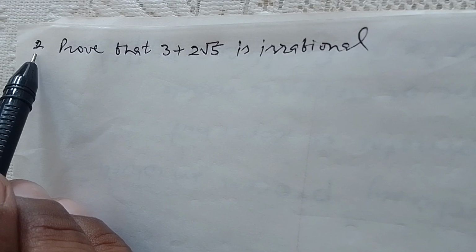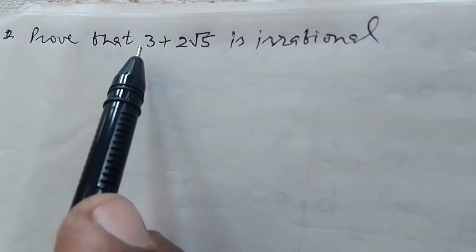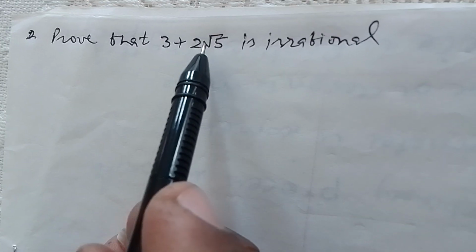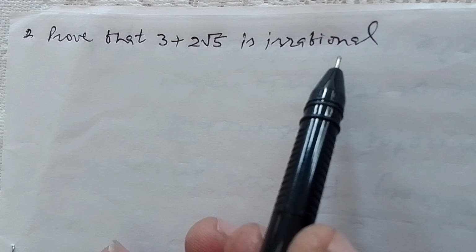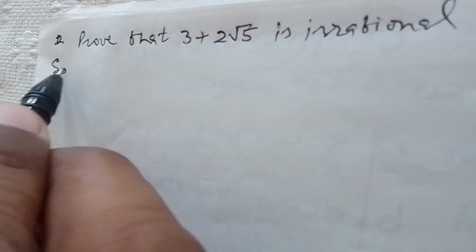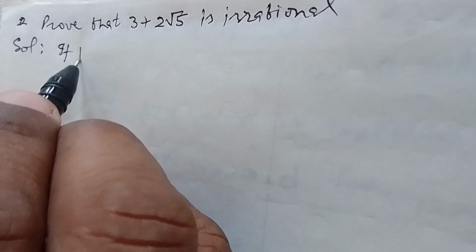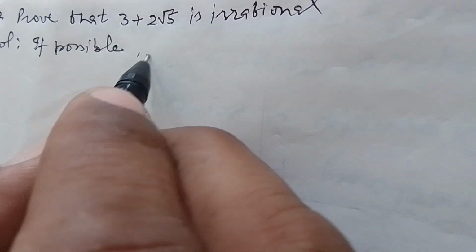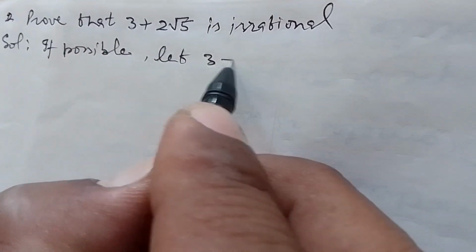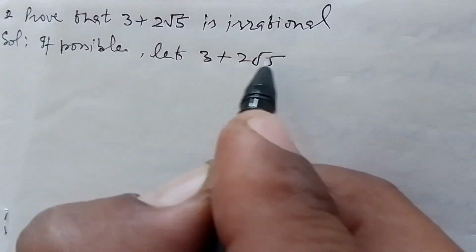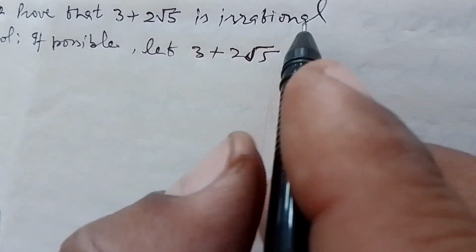Now the second question is, prove that 3 plus 2 root 5 is irrational. Similar to the first question, the solution is, if possible, let 3 plus 2 root 5 be rational.